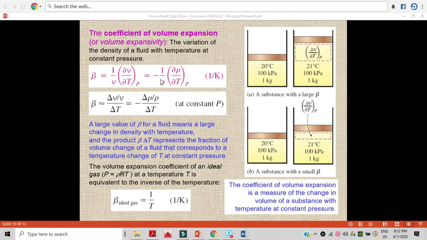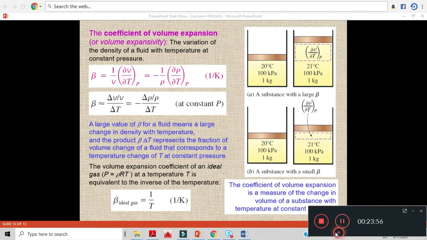Here a negative sign appears. That means for the change in density, as the temperature increases, the fractional change in density decreases, the density of the gas decreases. So this is the indication of the change in density or volume due to change in temperature with respect to pressure.